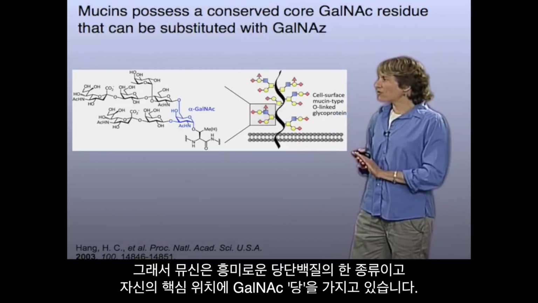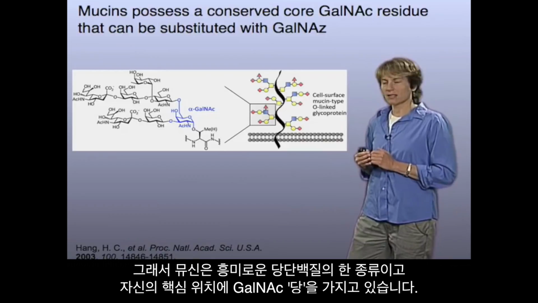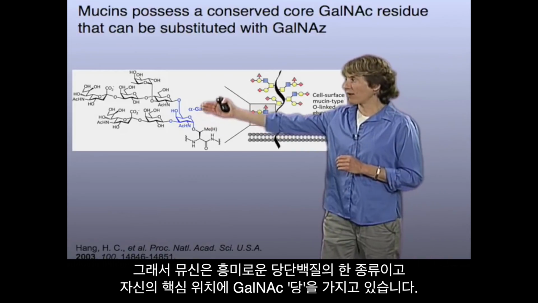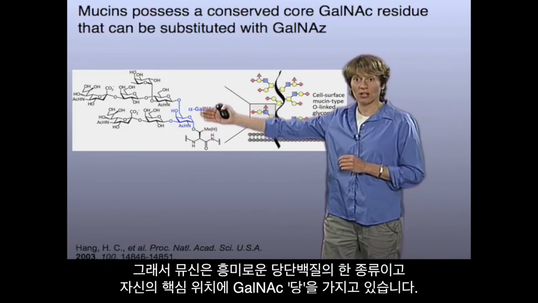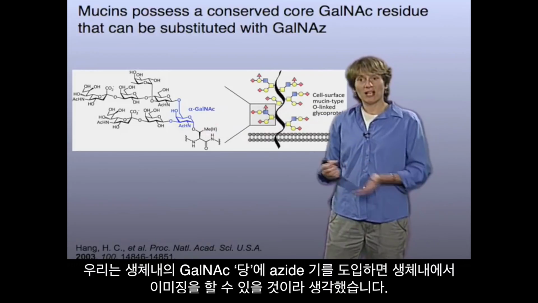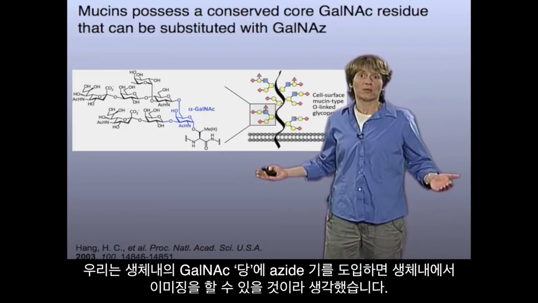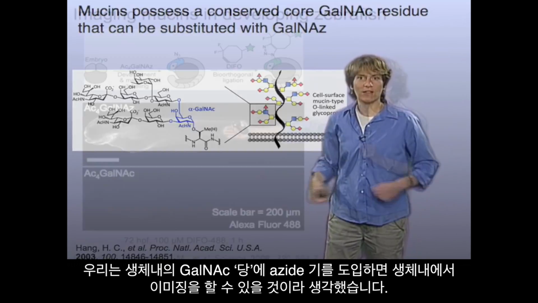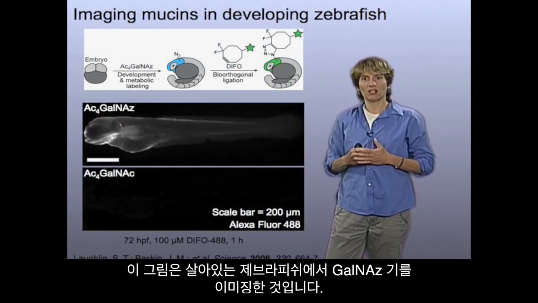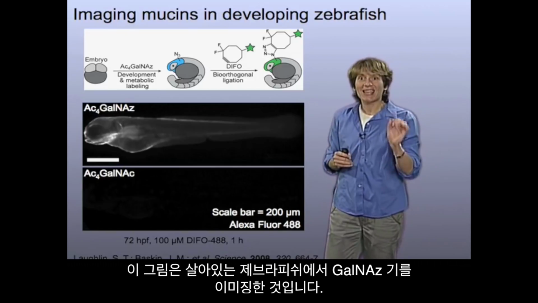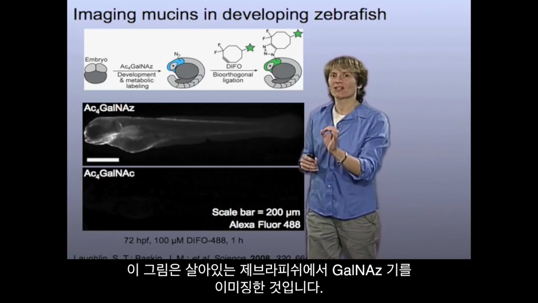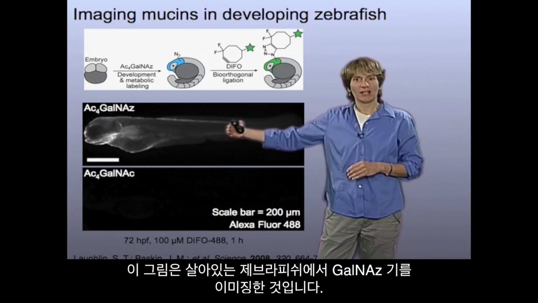So the mucins are an interesting class of glycoproteins. They all have a GalNAc residue at their core position. So we thought if we can introduce an azide into this GalNAc residue, perhaps we could image the mucins in vivo. This experiment demonstrated to us that we can in fact image those GalNAz residues in a live zebrafish.